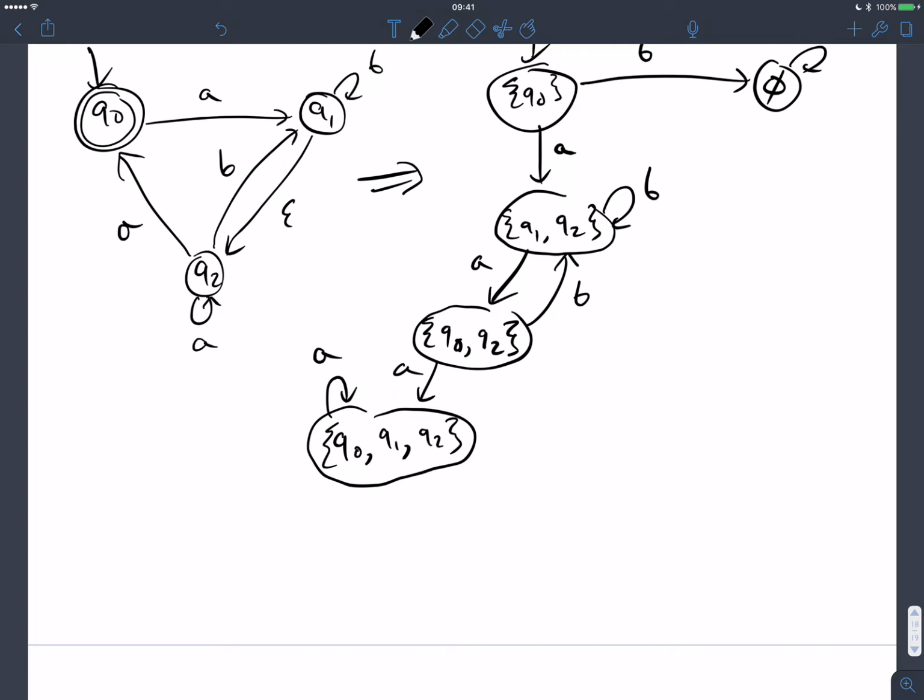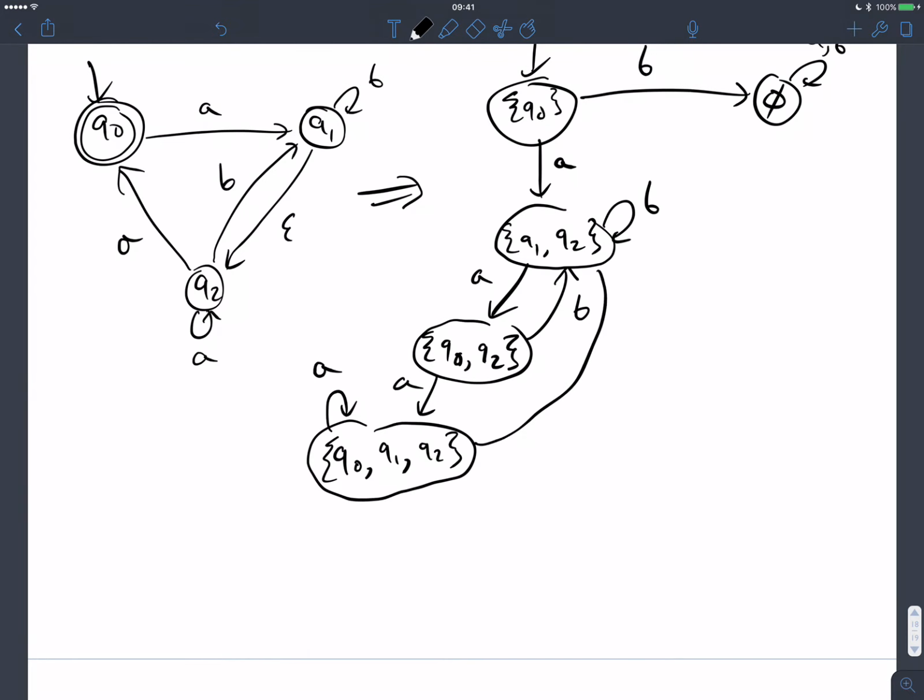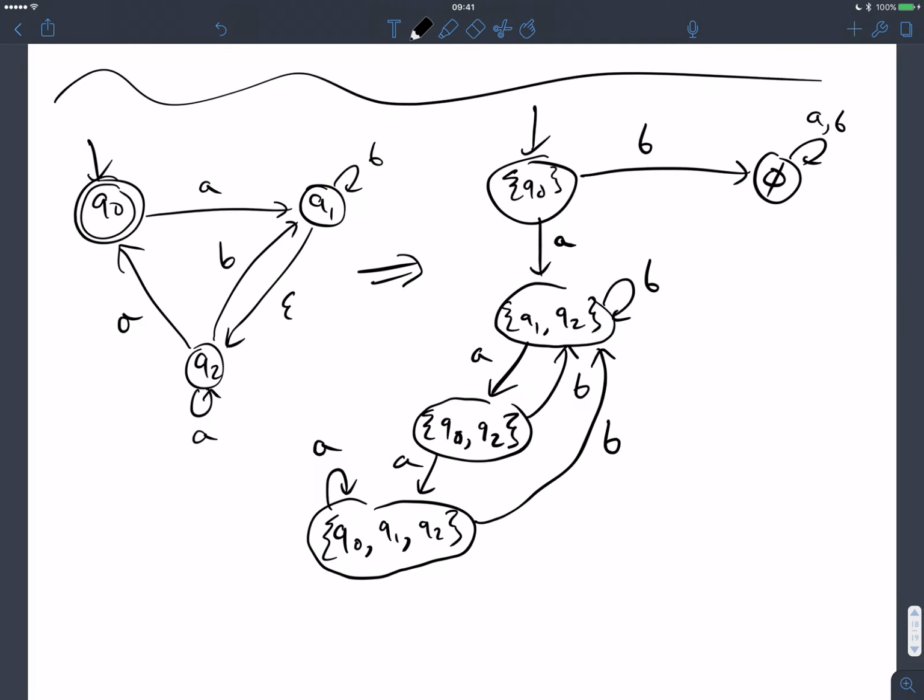What's the epsilon closure of Q1? Q1 and Q2. So I do that. Now, what do I do? Final states. What are my final states going to be? Everything that has Q0 in it. So that one is final, that one is final, that one is final. Sweet.